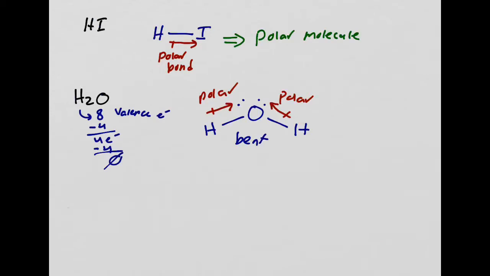Now, let's think about this. This is how the dipoles are going. The dipoles are both going towards the oxygen, which is on top. That means I'm going to have more electrons on this side, and less electrons on the other end of the molecule.